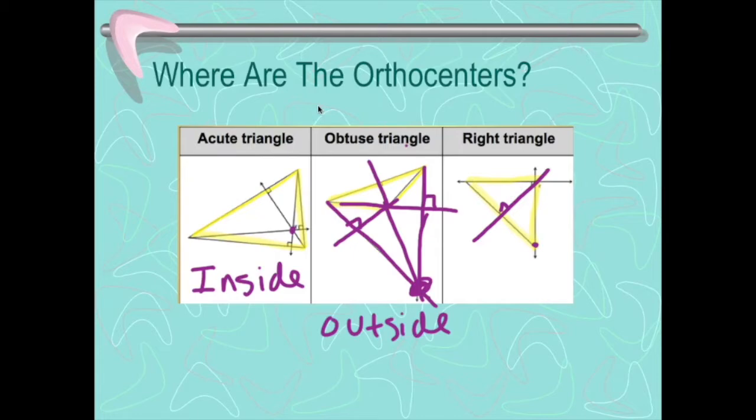When you want to do a perpendicular, it comes right on top of itself, and this one goes right on top of itself. So where's the orthocenter for a right triangle? What corner? On the triangle. It actually is at the right angle. Okay, so your orthocenter for a right triangle is at the right angle. That's nice.